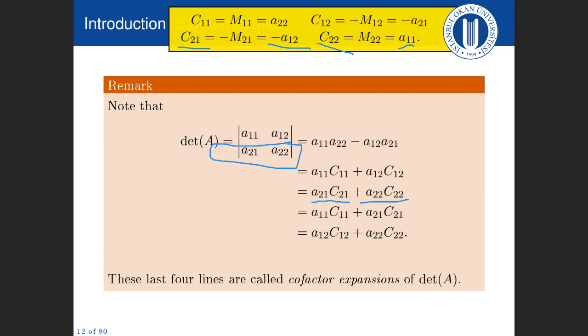So this is exactly what we started with. And I'll leave it for you to check that the final two lines are also true. We could use the first column, A11 C11 plus A21 C21, or we could use the second column, A12 C12 plus A22 C22, and these will all be equal.